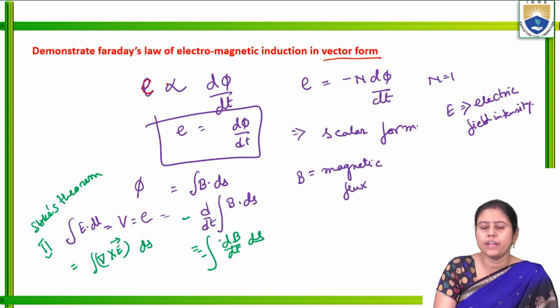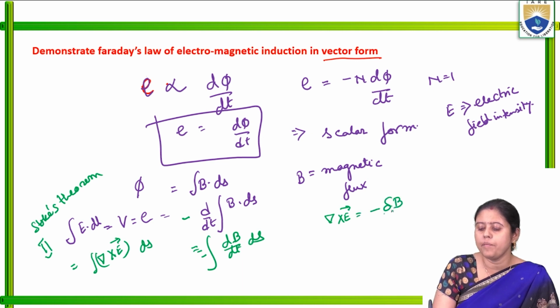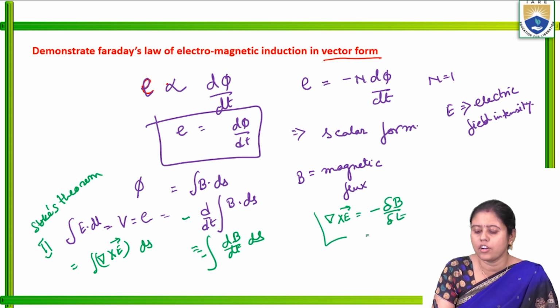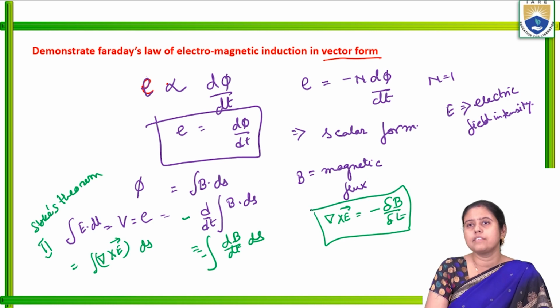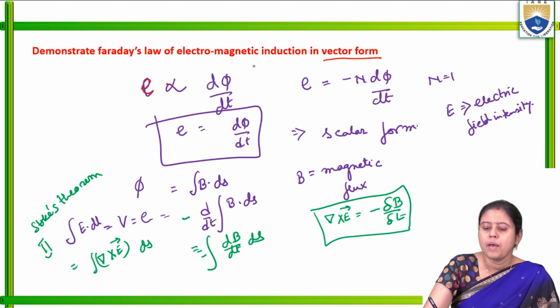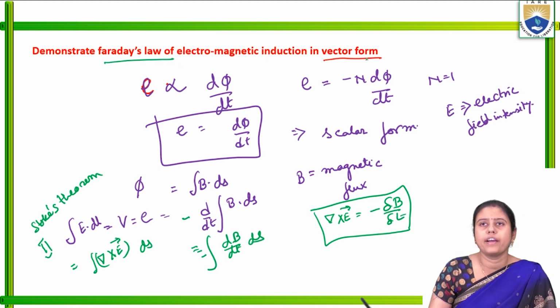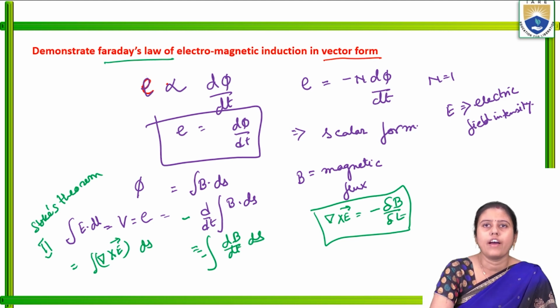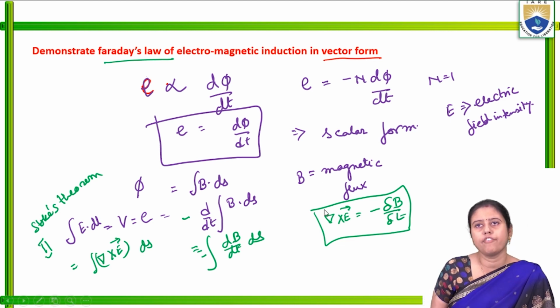So if we combine these two equations, we will get grad cross E is equal to minus del B by del t. And this equation is known as the Faraday's law in the vector form. So we got the Faraday's law in the vector form.